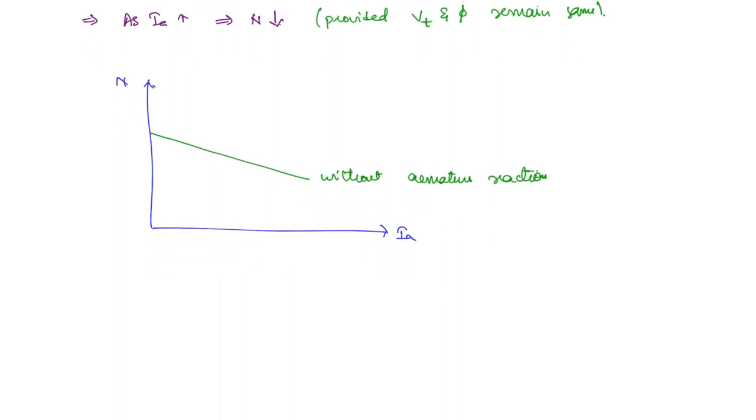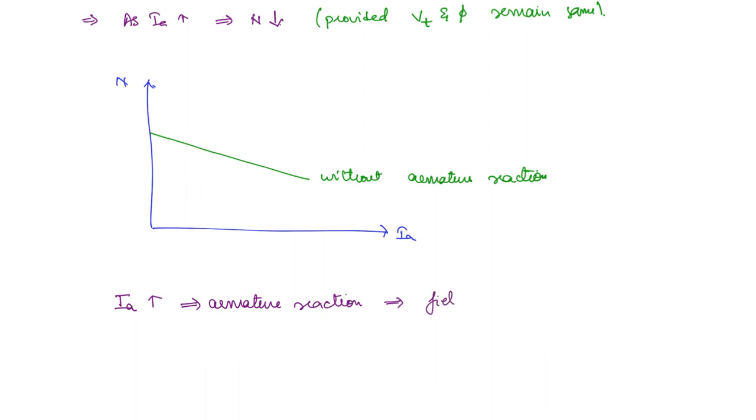Now what will happen when there is armature reaction? We know that the armature reaction is caused by armature current, IA. So if IA increases then armature reaction will also increase. Now what effect does armature reaction have on the field flux? It has a demagnetizing effect, a flux weakening effect.